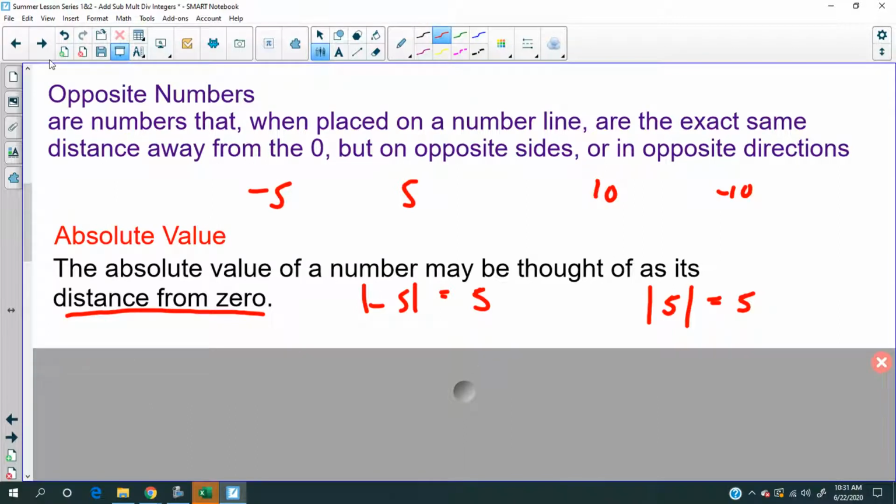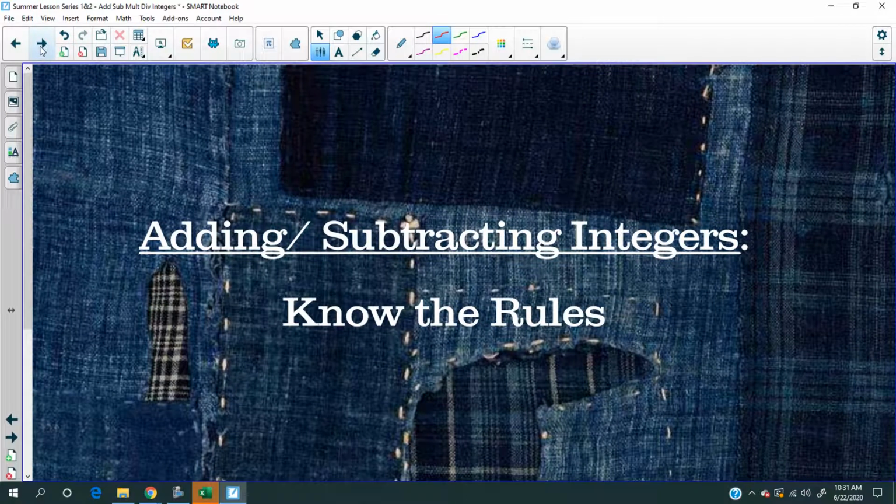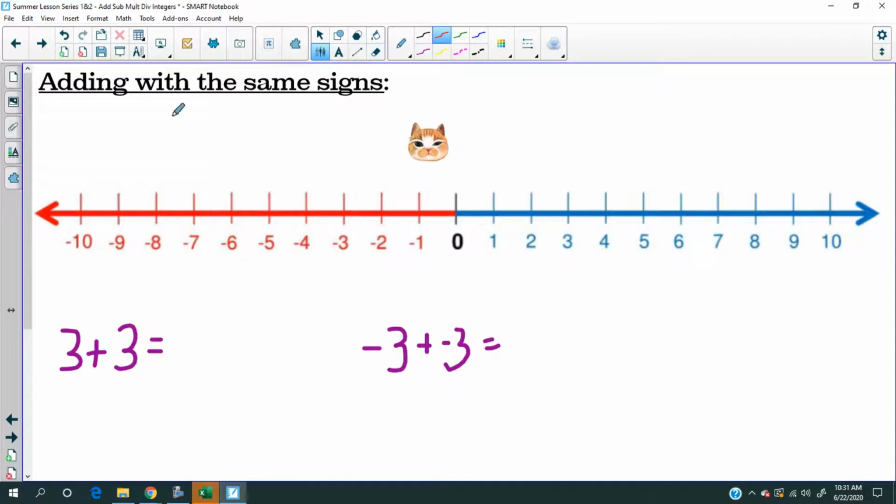Next, adding integers and subtracting integers, know the rules. Let's talk about adding with the same signs. Right off the bat, you might say, hey, Mr. Ing, what do you mean by same signs? If you were to add with the same signs, both signs have to be the same, meaning they either have to be both positive or both negative.